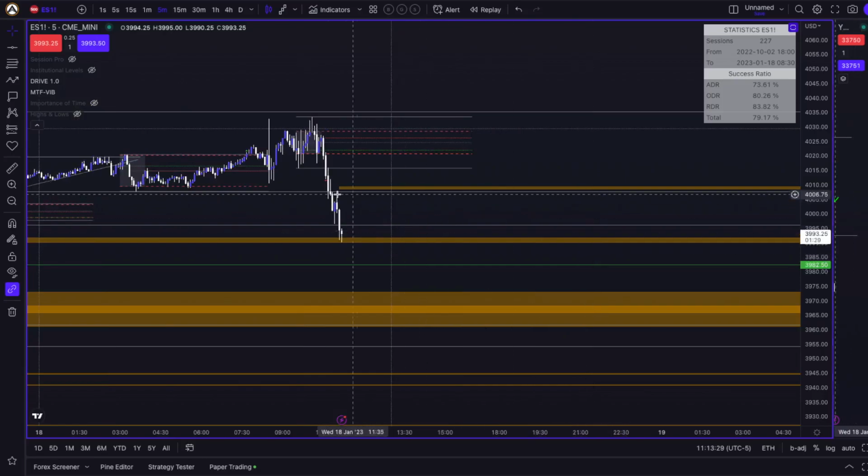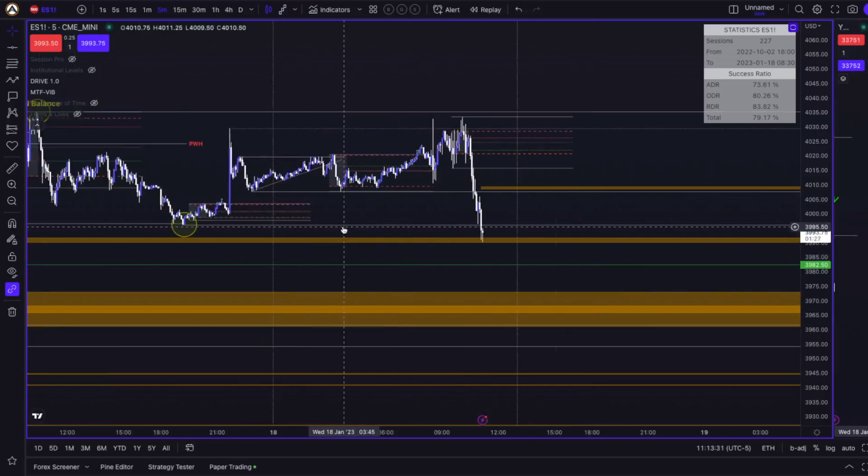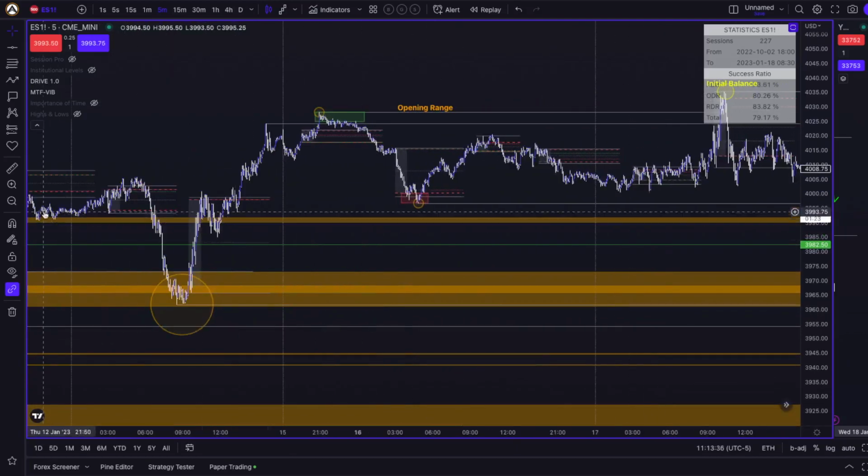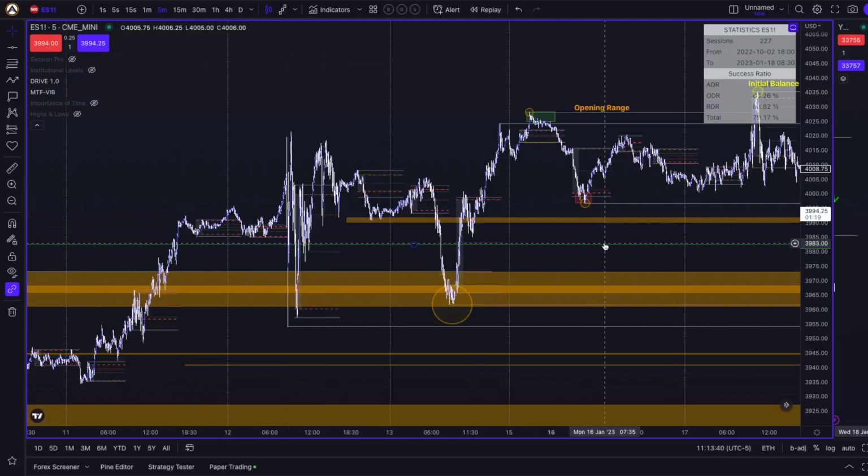So we will see how that's going to hold up. This daily volume imbalance, last time we went through it, we saw some support around it, but yeah, we will see how that's going to play out.